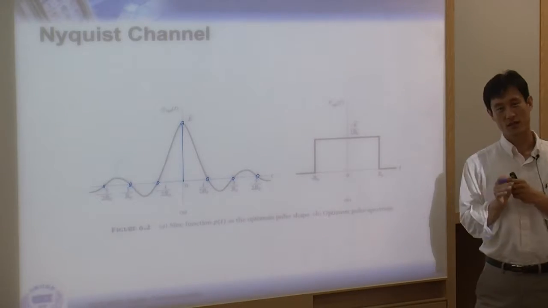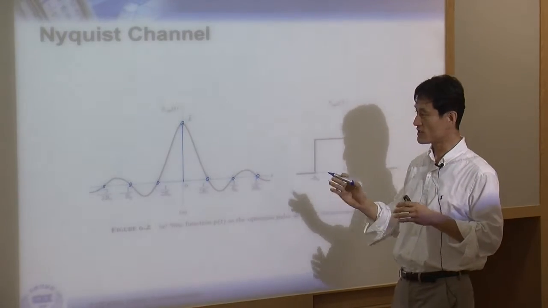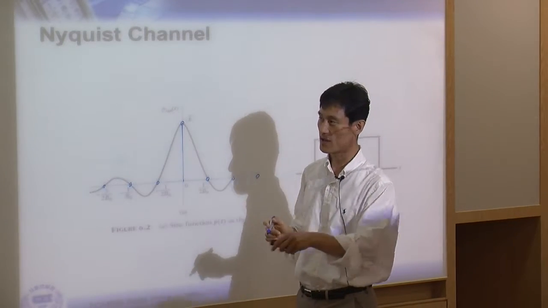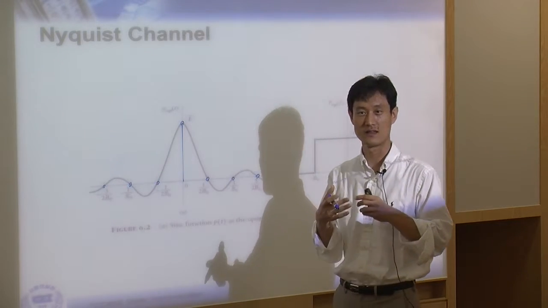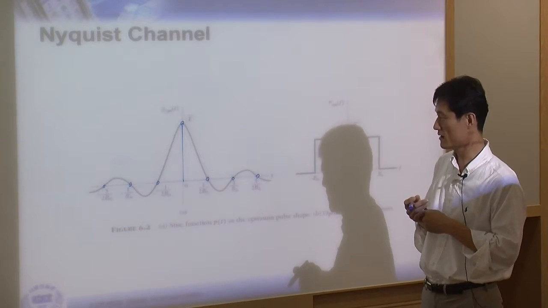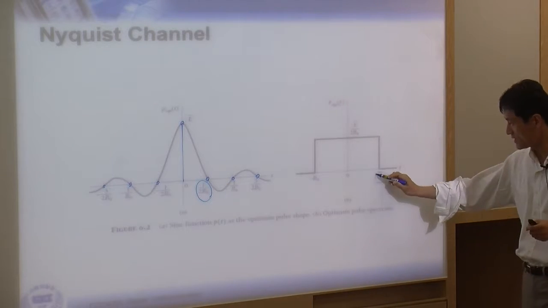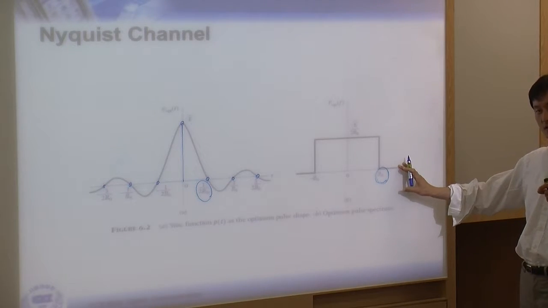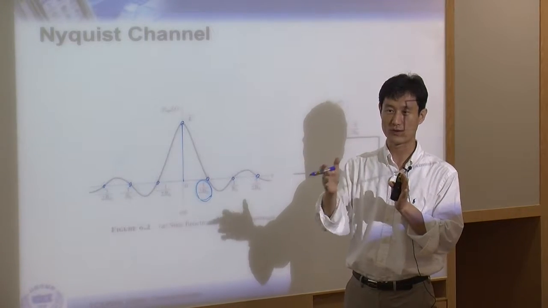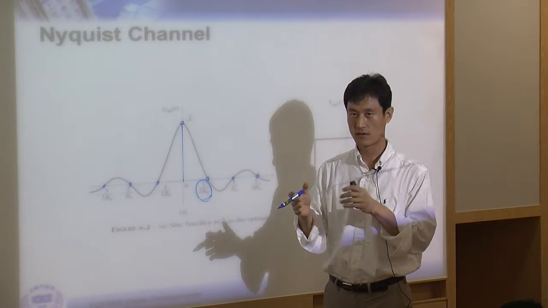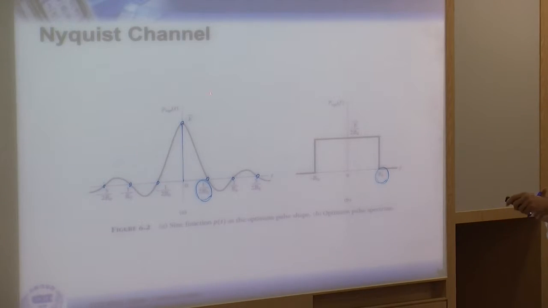Once you sample like this, you get this time domain response in the discrete time domain. When you have this bandwidth in frequency, you need to choose this value as your sample duration. Once you do that, you're going to get a Nyquist channel.